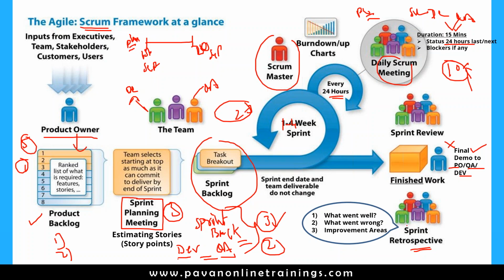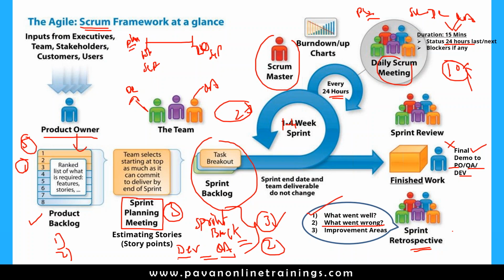In this meeting, all the team members meet together and discuss what we have done well during the sprint, what went well and what went wrong, what challenges we faced, and why we delayed some tasks and were not able to complete them in the committed time. We discuss the improvement areas for the next sprint.